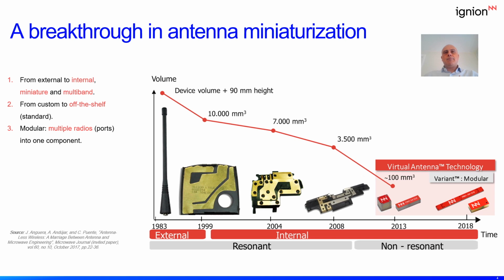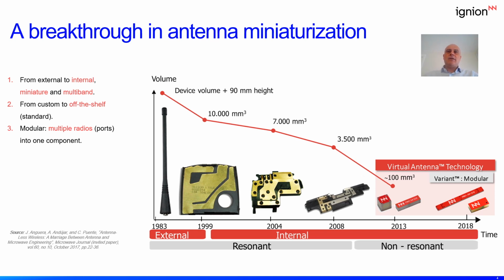Then the antennas became more complex, including complex geometries, and the volume was reduced, still being about 1,000 millimeters cubed. And the big inflection point is with the apparition of antenna boosters, these components of the virtual antenna technology, where the volume is about 10 times smaller than any other antenna product available in the market.